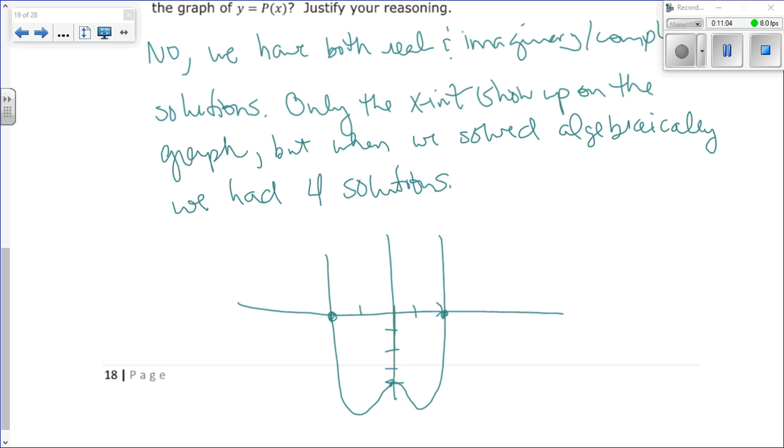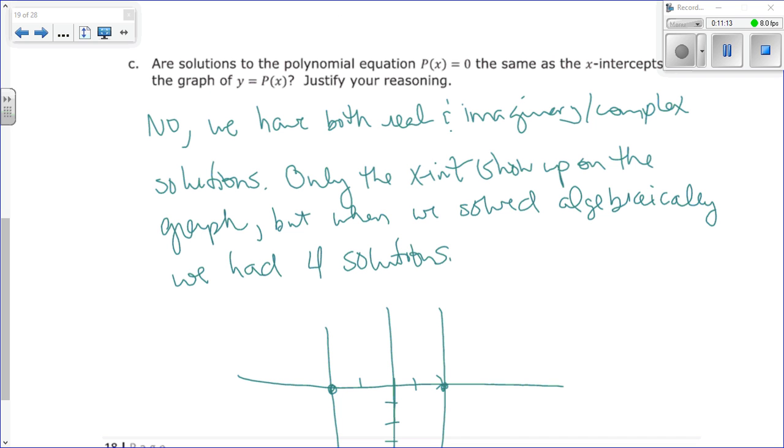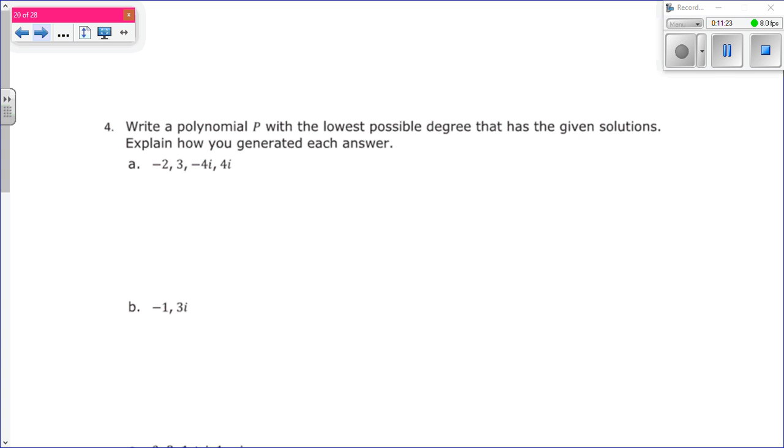But I have 2 other solutions that we don't see. So that's, I think, sufficient explanation there. Next page. Here we go.